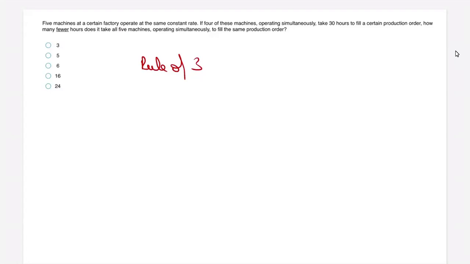Then you compare quantities, magnitude. So look, you have machines and hours. So he's saying to me, look, 4 machines do a job in 30 hours. If I have 5 machines, I will have a certain quantity, okay?